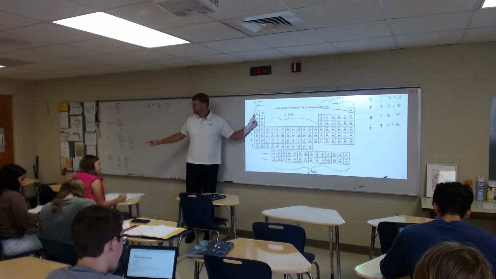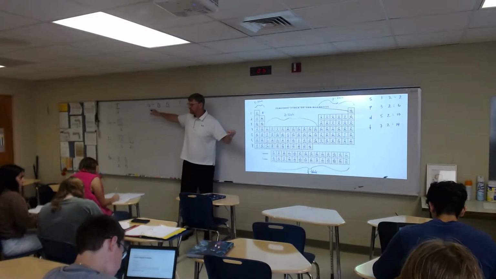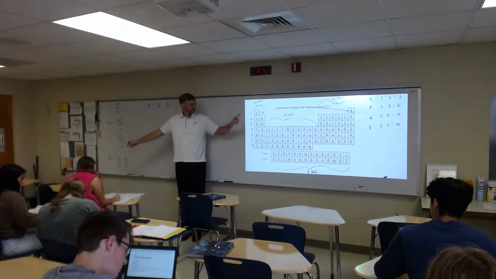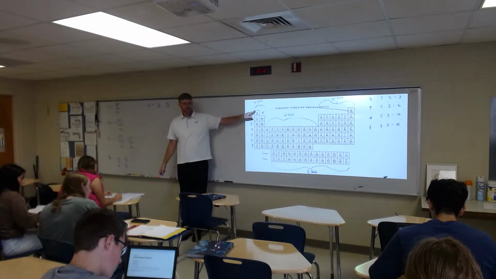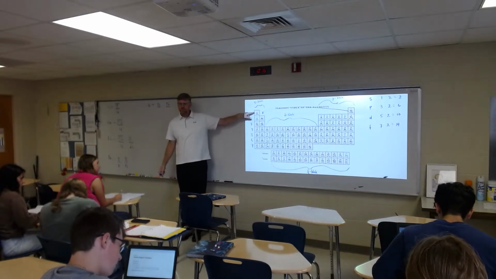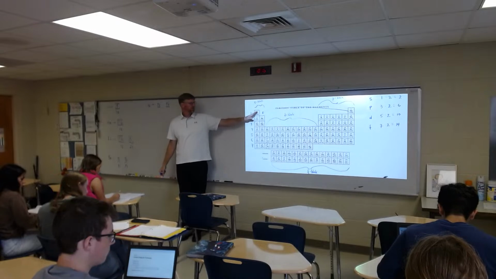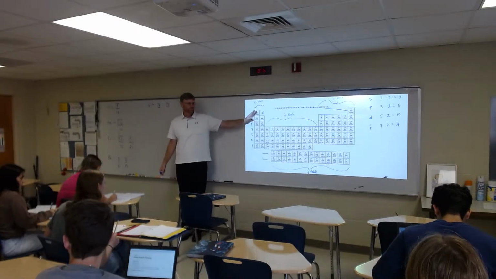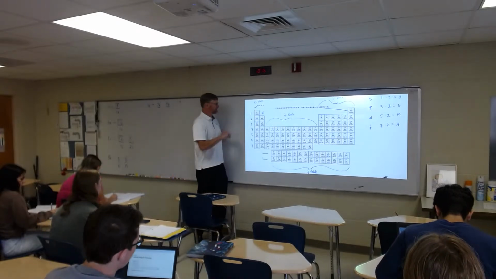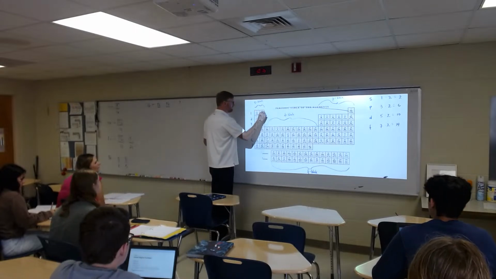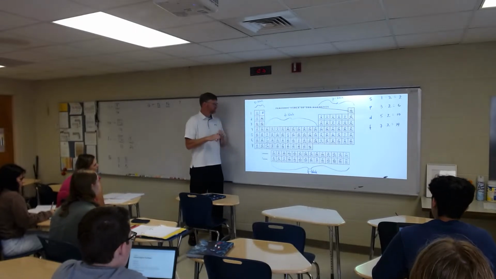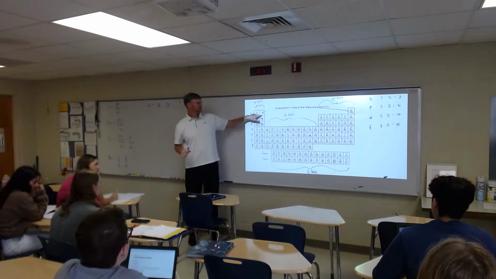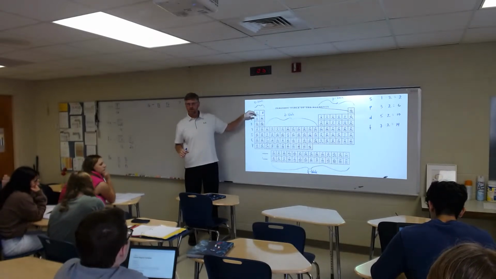Hydrogen has 1 electron in the 1s orbital: first row, first energy level, first column of the S block. We're pretending that helium is right here for just the purposes of this conversation. Helium has 2 electrons, both of them in the 1s.